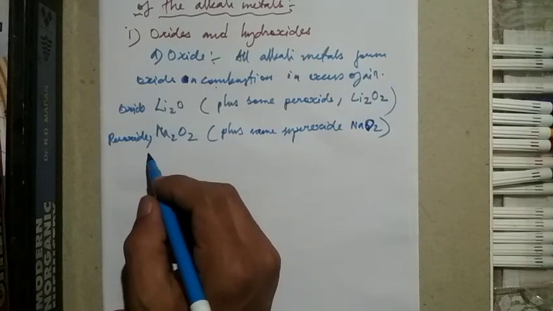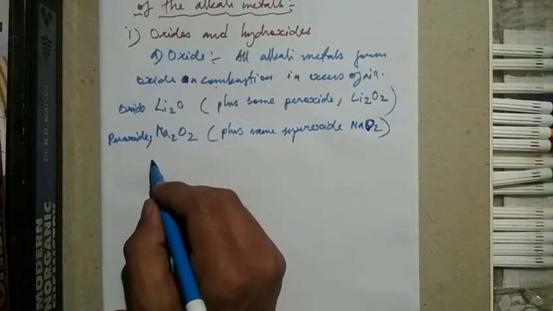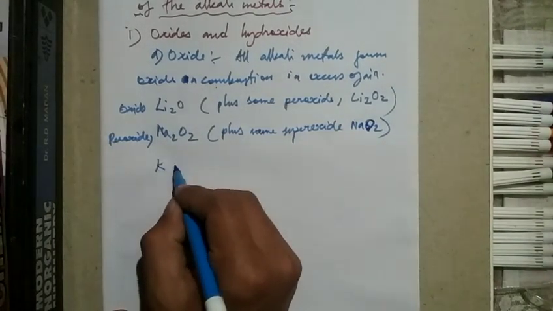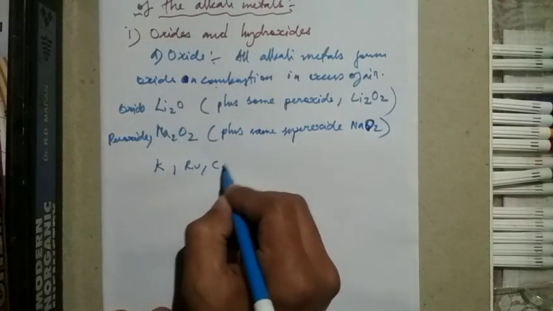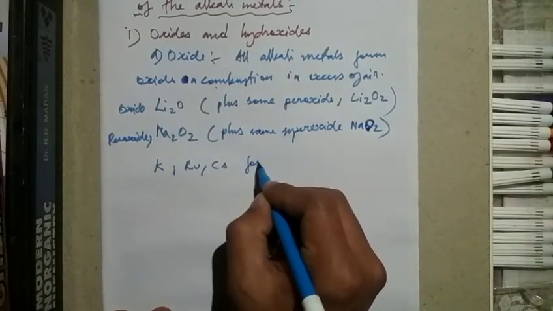So the larger elements, such as potassium, rubidium, and cesium, form superoxide.